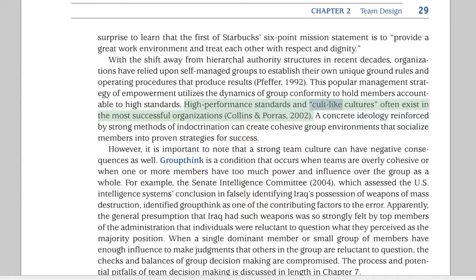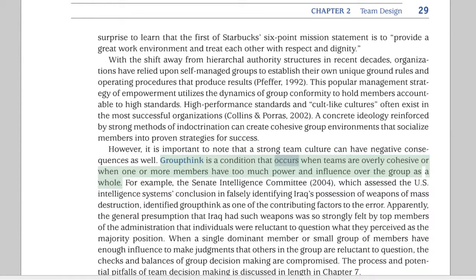High-performance standards and cult-like cultures often exist in the most successful organizations (Collins and Porras, 2002). A concrete ideology reinforced by strong methods of indoctrination can create cohesive group environments that socialize members into proven strategies for success. However, it is important to note that a strong team culture can have negative consequences as well.